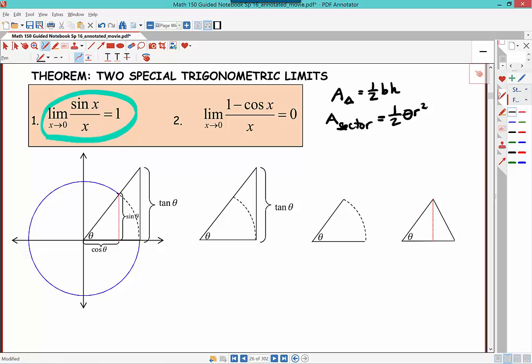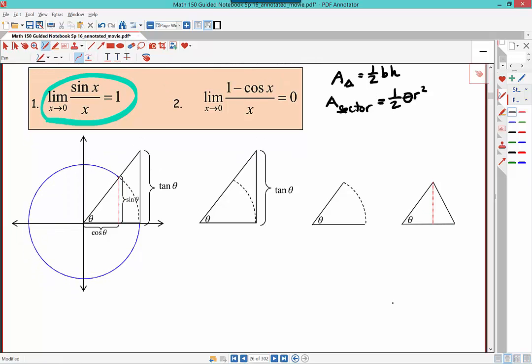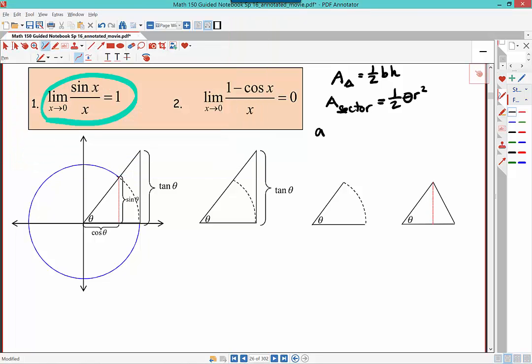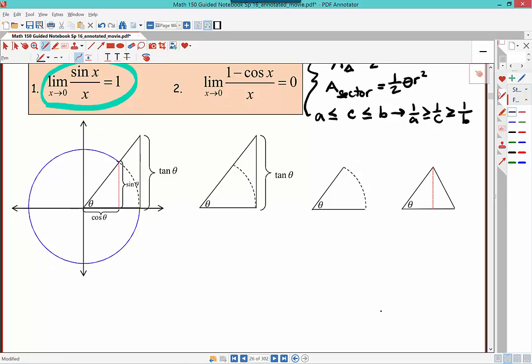And let's see. Oh, we'll also be using this idea later. If A is less than or equal to C, which is less than or equal to B, then 1 over A is greater than or equal to 1 over C, which is greater than or equal to 1 over B. Okay, so these are just like the three tools in our toolbox.